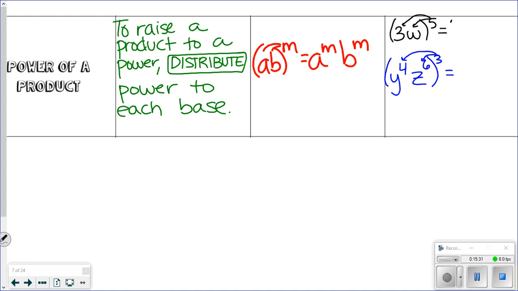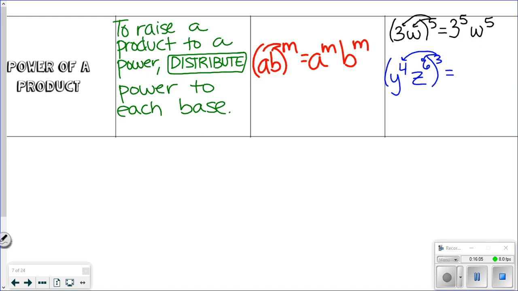So this is 3 to the 5th power, w to the 5th power. Now on your calculator, type in 3 to the 5th power. 3 to the 5th power is 243. So we could write 243 w to the 5th power, or you could just leave your answer as 3 to the 5th, w to the 5th.